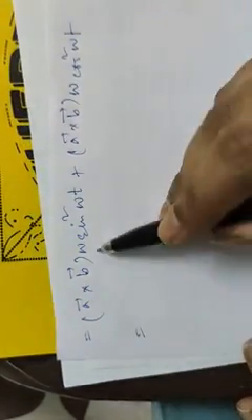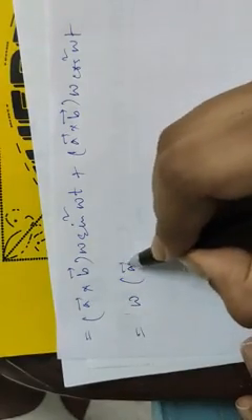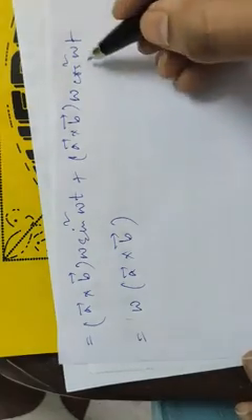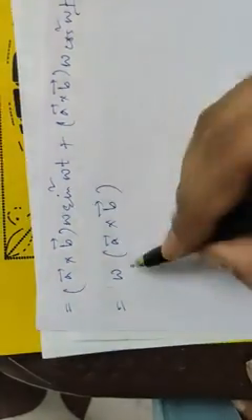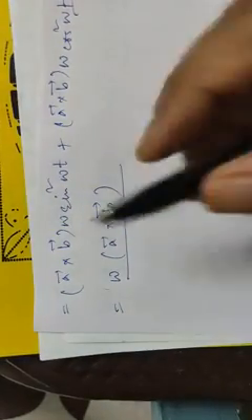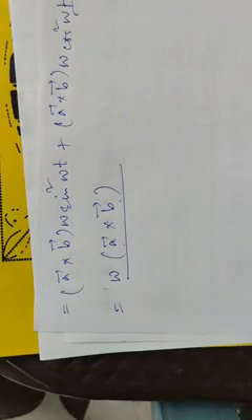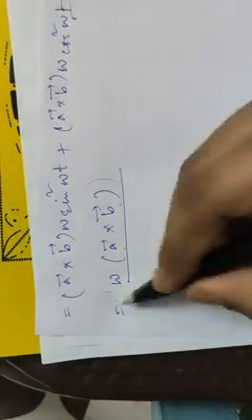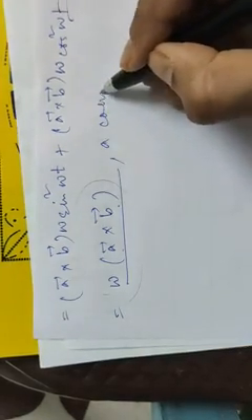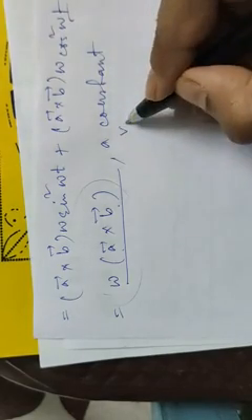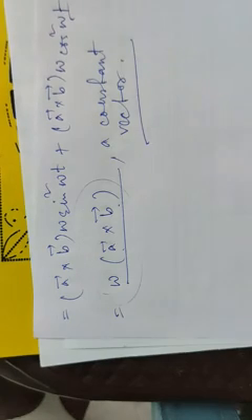Now take common omega a cross b, then sin square plus cos square, which is 1. So the result is omega a cross b. Now a and b are both constant vectors, which means their cross product is also a constant vector. So the whole thing is a constant vector. This proves the second result also.